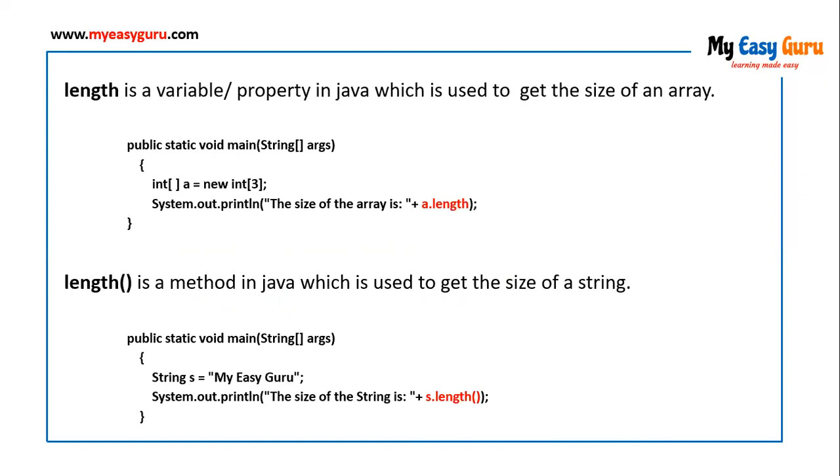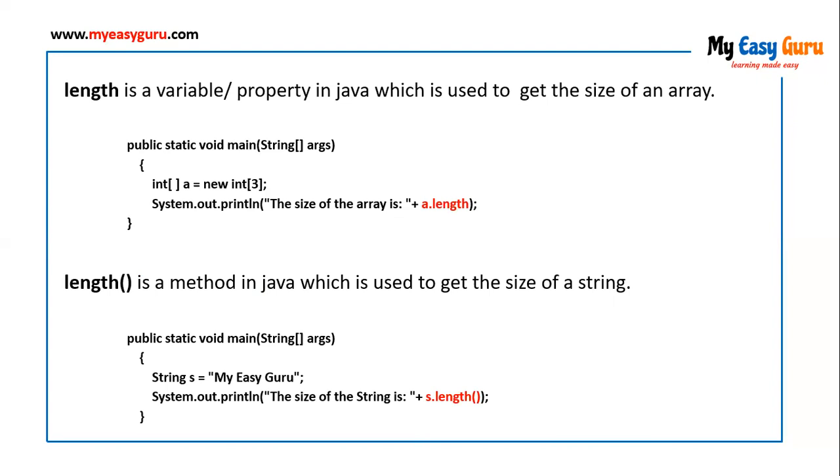Let's understand with one example. We have written the syntax for an array and we want to get the size of the array. So we have written a.length because it will give us the size of an array.